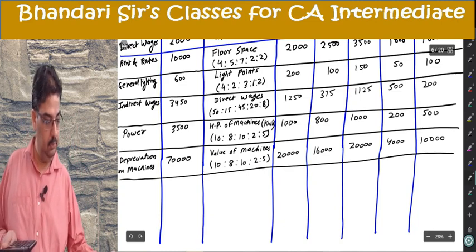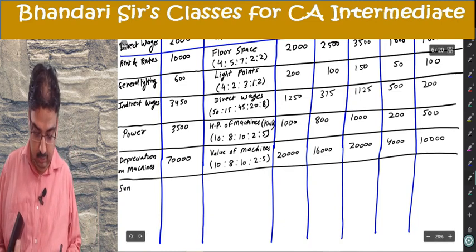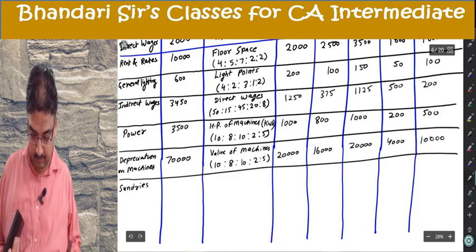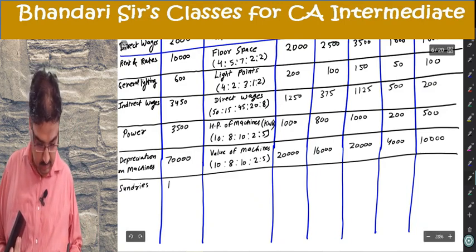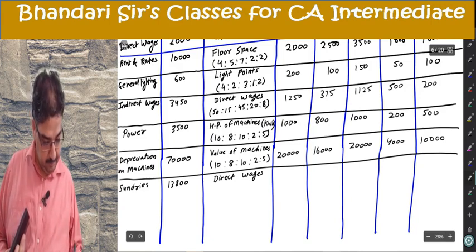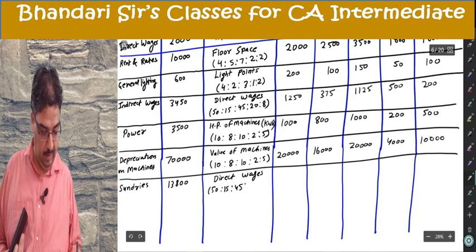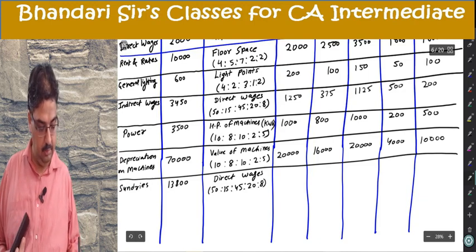Now after depreciation, last item, sundries. This is 13,800. This is on direct wages as wanted by the question, written in a bracket. 50, 15, 45, 28.